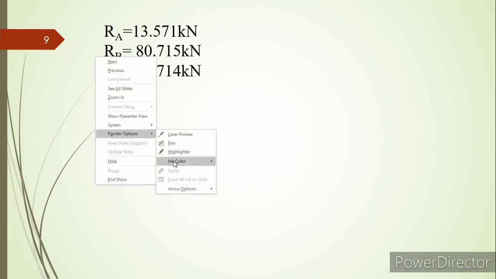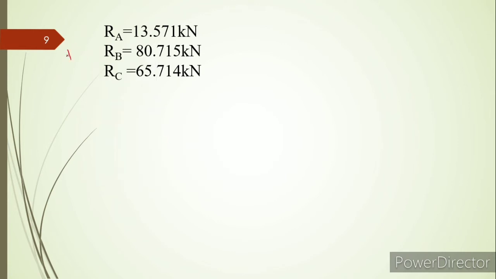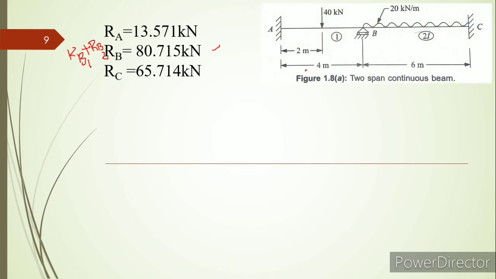Here RB means RB1 plus RB2, which is 80.715 kilonewton. So this is our two-span continuous beam.